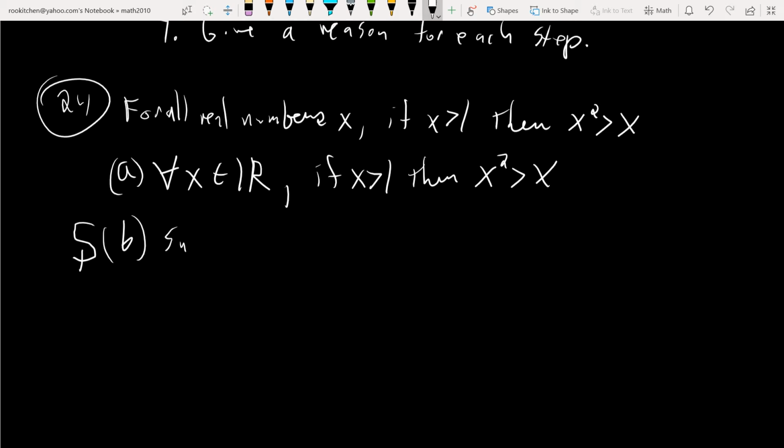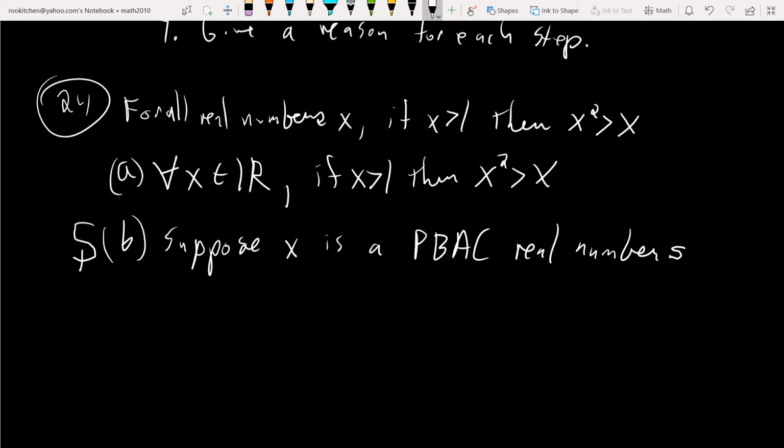So suppose x is a real number such that x is greater than 1. All right, so the supposition just comes from all of this stuff here.